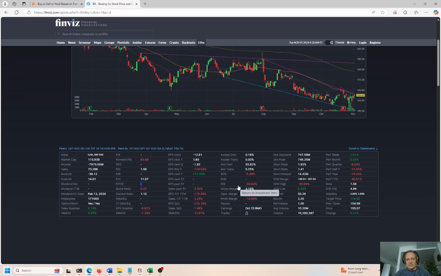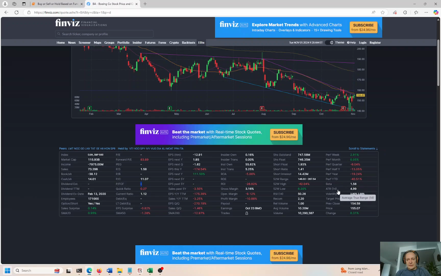ROA, ROE, ROI, we have negative here. And then the beta 1.56, so this is 1.56 times as volatile as the market. The earnings per share actually negative, but next year it's supposed to be positive 1.8.